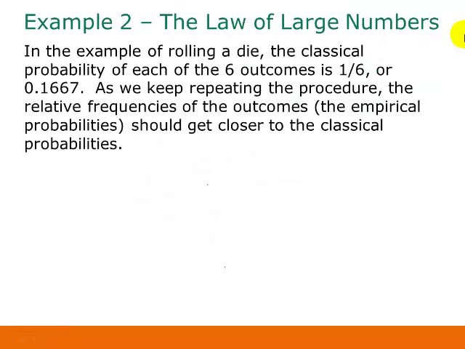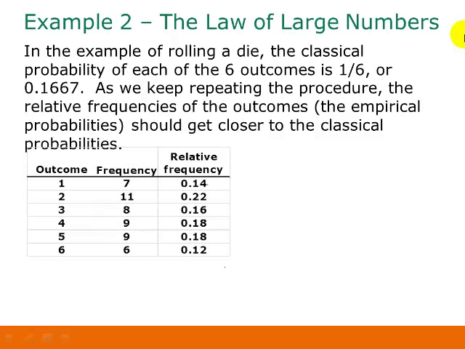Here's another example. If we're rolling a die, the classical probability of each of the 6 possible outcomes is 1/6, or 0.1667 if we rounded to 4 decimal places. As we keep repeating the procedure, the relative frequencies of the outcomes, or the empirical probabilities, should get closer to our classical probabilities.